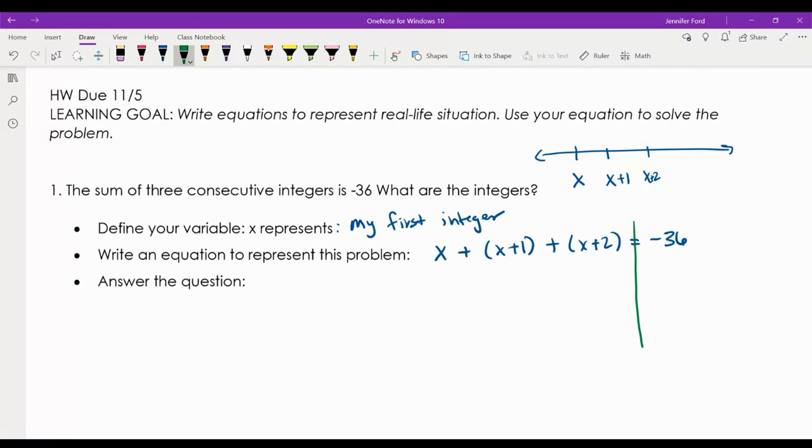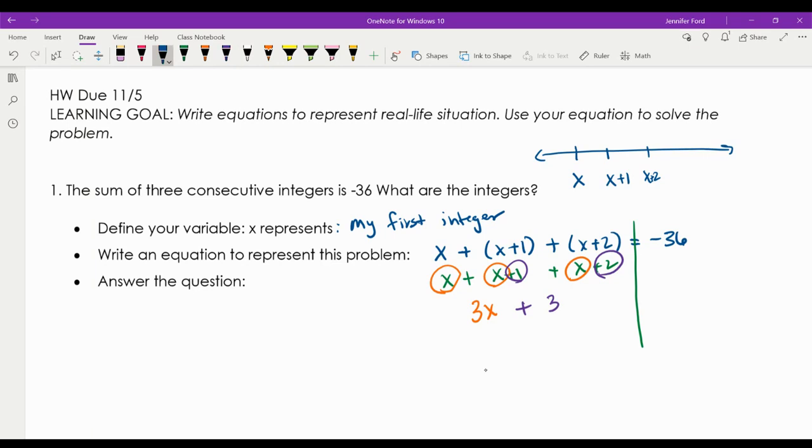All right, I'm going to solve that. I'm going to start by combining like terms. With these parentheses, I don't actually need these parentheses, so this is the same thing as x plus 1 plus x plus 2. I'm going to combine my like terms. That's 3x plus 1 plus 2, so plus 3.